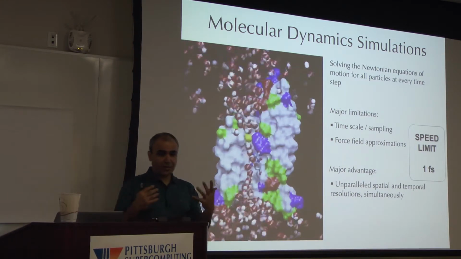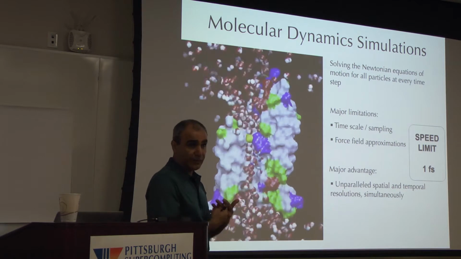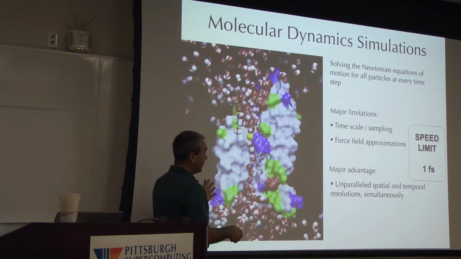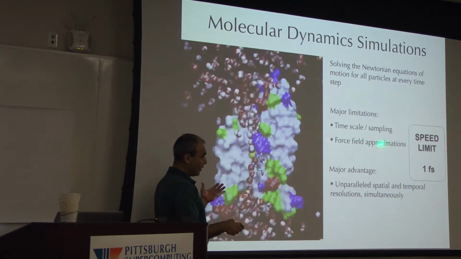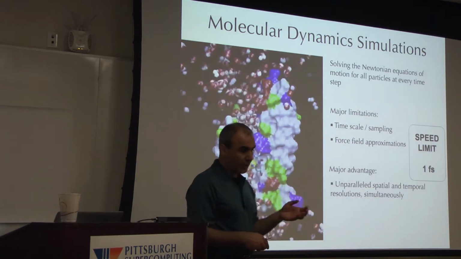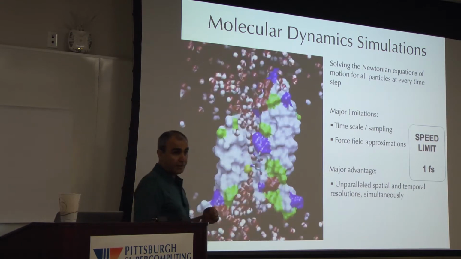Not having electronic effects can affect your result, obviously. We know this for particular properties, and we are trying to improve this as much as we can. But if you don't have these simplified representations for these molecular systems, you won't be able to do even the microsecond that we have a hard time to do.